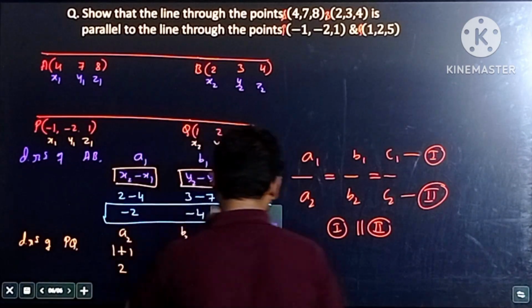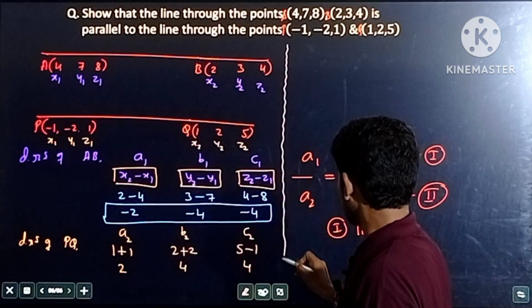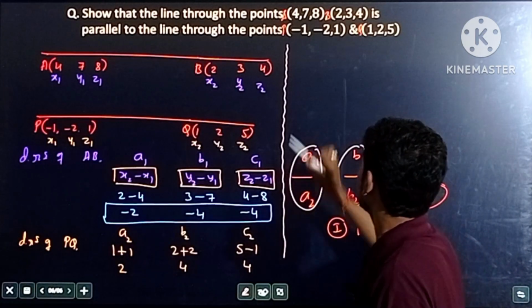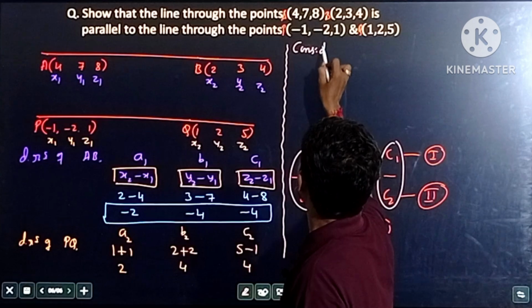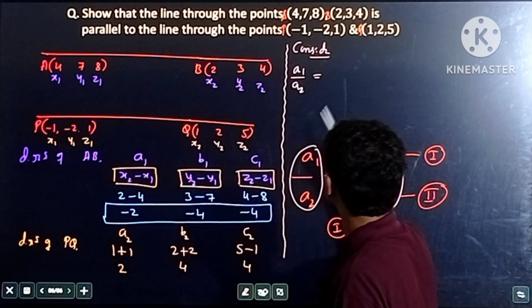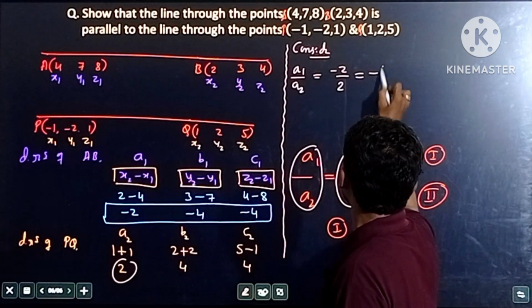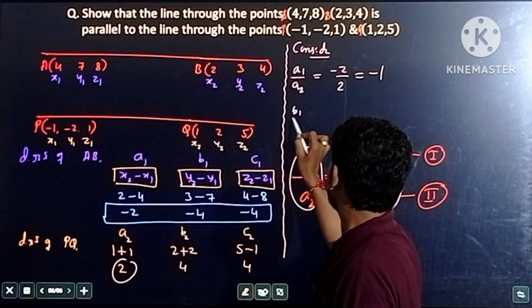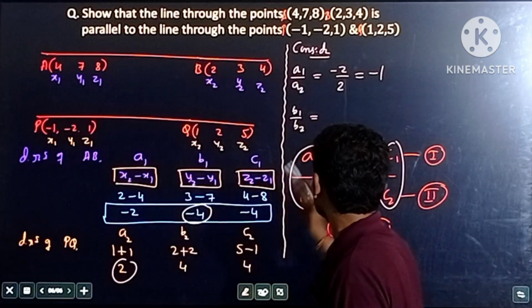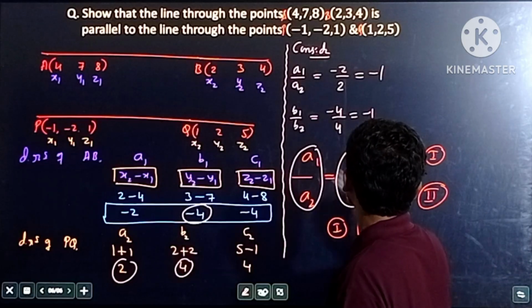Now, to identify whether these two lines are parallel or not, we need to calculate the values of a1 by a2, b1 by b2 and c1 by c2. Consider a1 by a2, where a1 is minus 2 divided by a2, which is 2. So minus 2 divided by 2 is minus 1. Similarly, b1 by b2 is minus 4 divided by 4, which is minus 1.